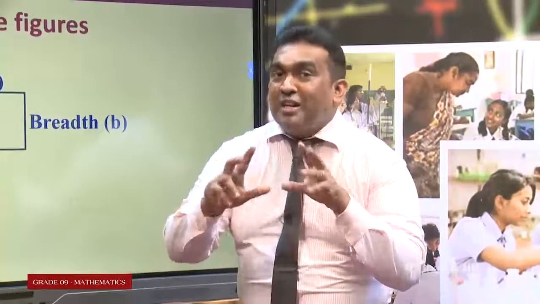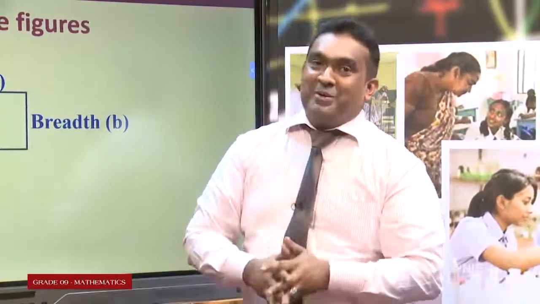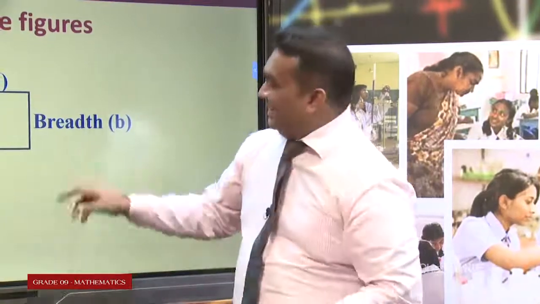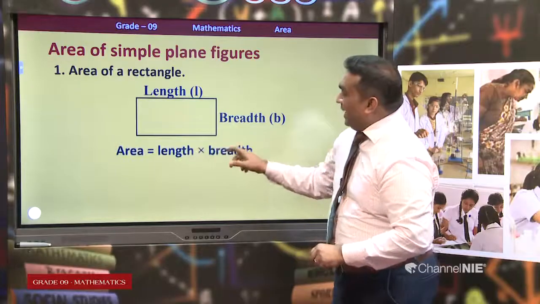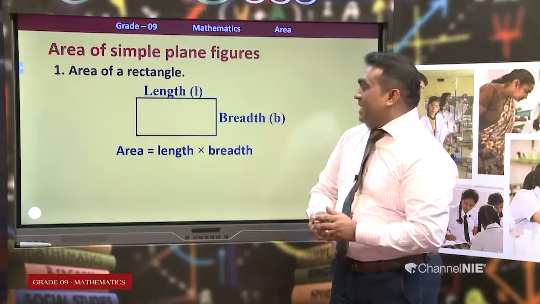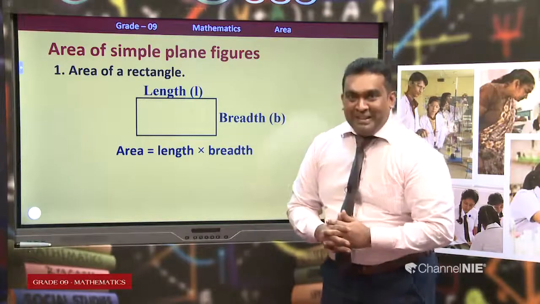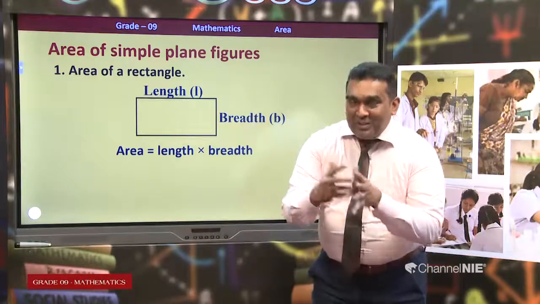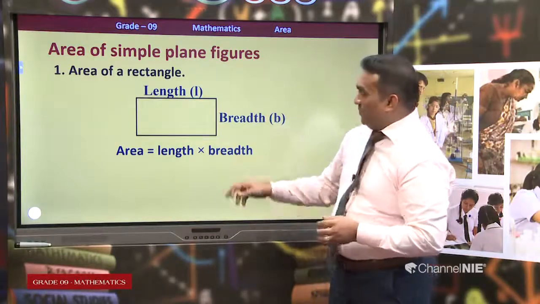There is a general formula to find the area of a rectangle. Area equals length into breadth. Length multiplied by breadth, then you have the area.